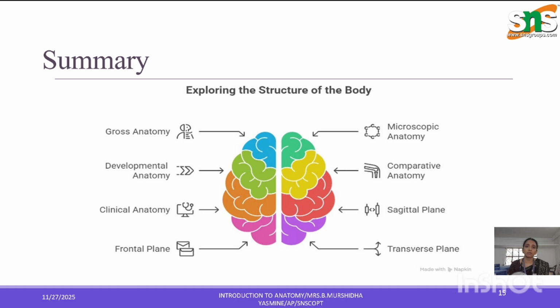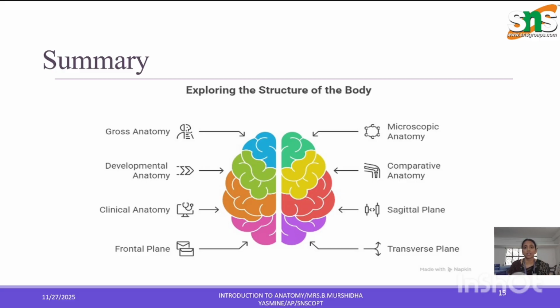To summarize today's topic, I was talking about the structure of the human body, in which these structures are broadly divided into gross anatomy, microscopic anatomy, developmental anatomy, and clinical anatomy. And we talked about the anatomical terms, the anatomical positions and the planes of the human body, which involve the coronal plane or frontal plane, sagittal plane, and transverse plane.